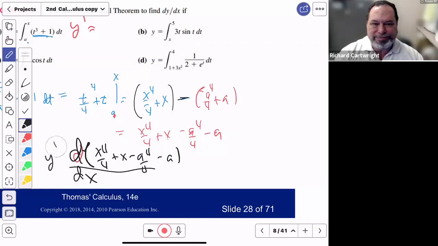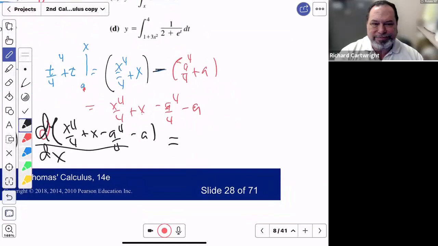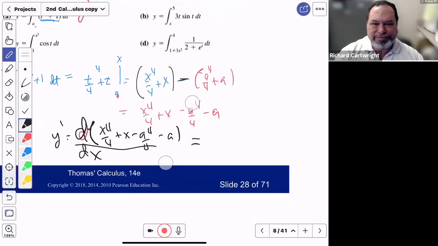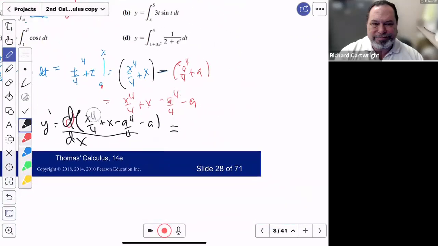This will be my y prime. When I do the derivative of x to the 4th, what did I start out with? Don't I have to take the 4 and bring it to the front, take 1 away, and then I have my 4 down here? Then the derivative of x is a 1.